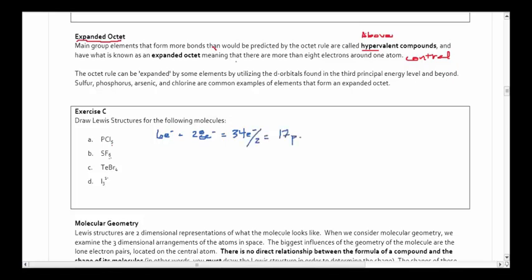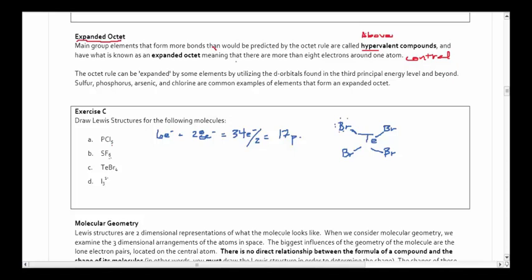So let's stick these on here. Te in the center, because I only have one of those guys, and 4 Brs. Just start putting them around here. It doesn't really matter where they go, guys. 1, 2, 3, 4. You've got to connect them. And I've got 17 pairs, so just start putting them on here.